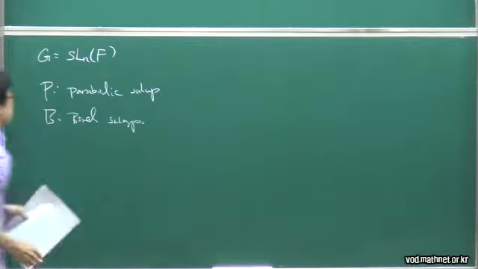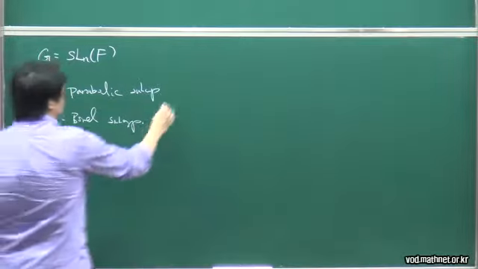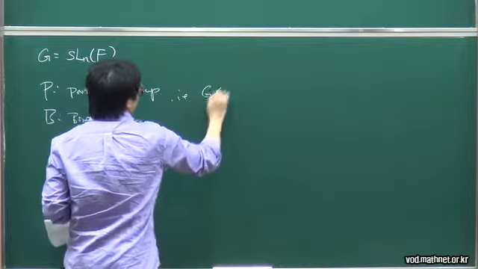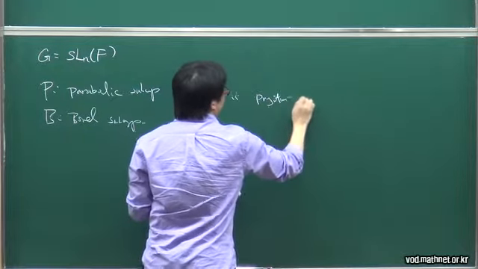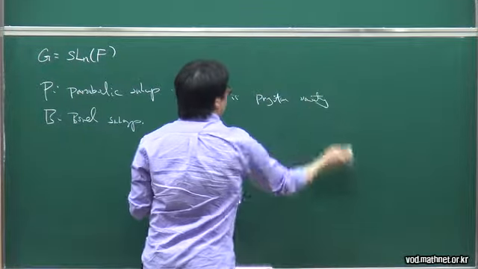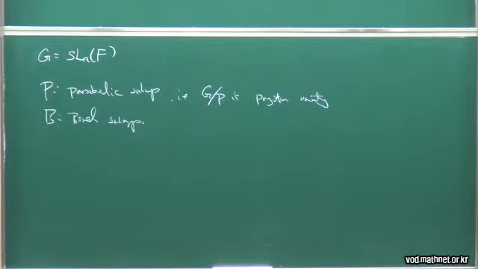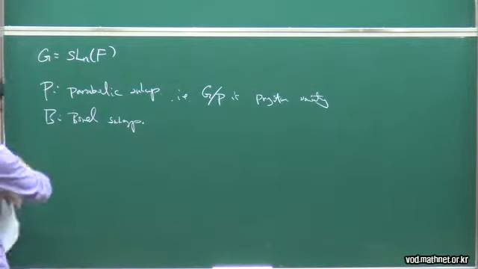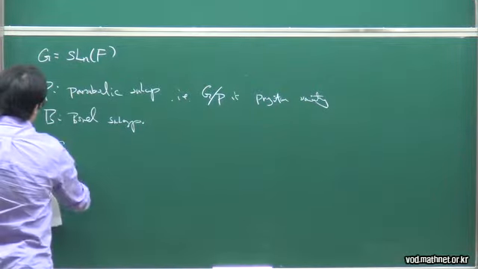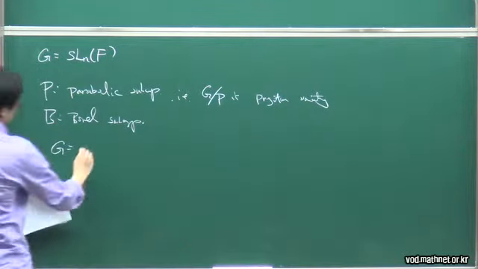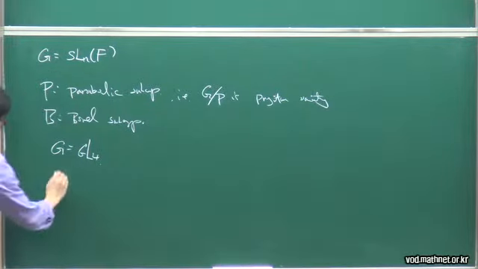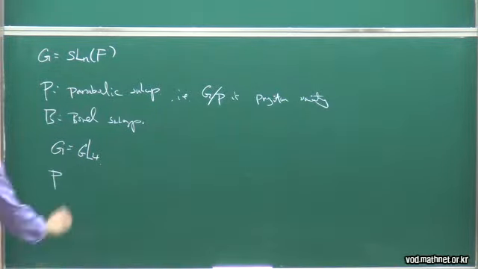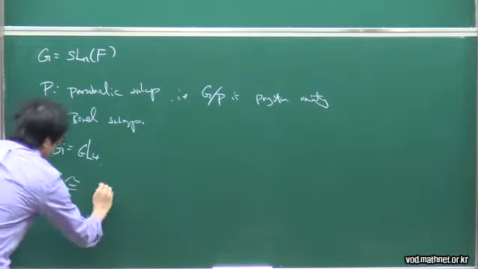In fact, G/P is a projective variety. Maybe we can draw it in the form of matrices. For example, if we choose G to be GL4, the parabolic subgroup is isomorphic to something like that.